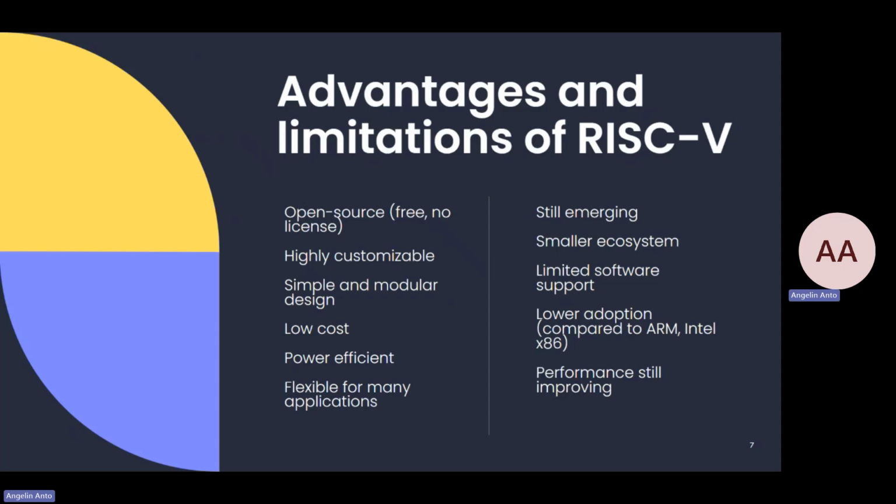But since it is new, it has a smaller ecosystem that has been researched and it has limited support as well. But its performance is improving, and this need not necessarily be a disadvantage. It just means that there's a lot more space in the market. But this is generally the advantages and disadvantages of RISC-V.